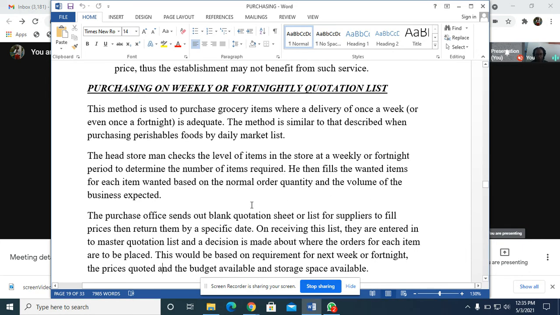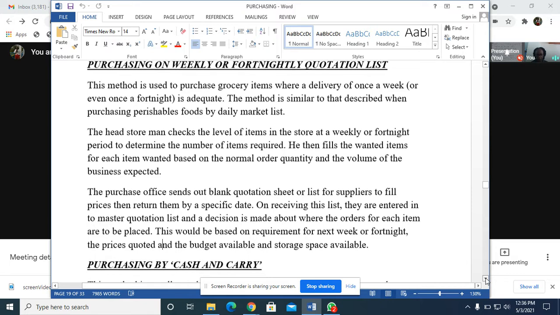Then he fills in the wanted items, for each item wanted, based on the normal order quantity and the volume of the business expected. So they also have to do a list of what is required from the suppliers.